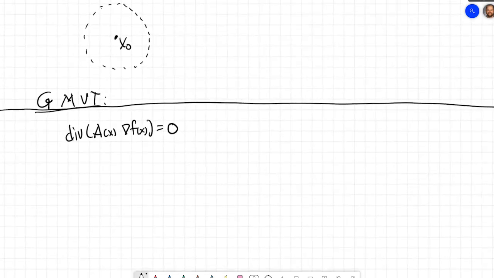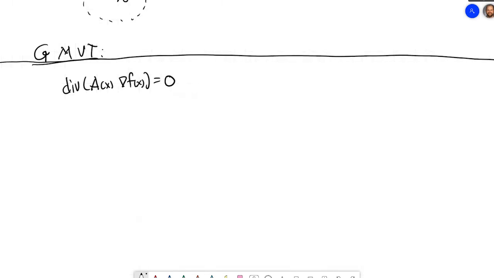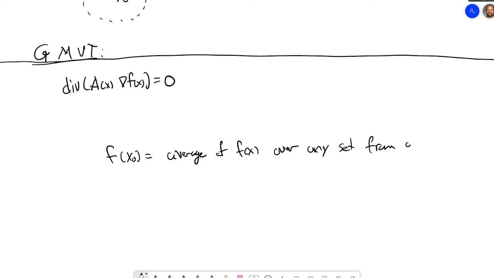So these are my generalized harmonic functions. If I have a function that satisfies this equation, then I get something similar: f at some point x naught is equal to the average of f of x over any set from a particular family of sets.